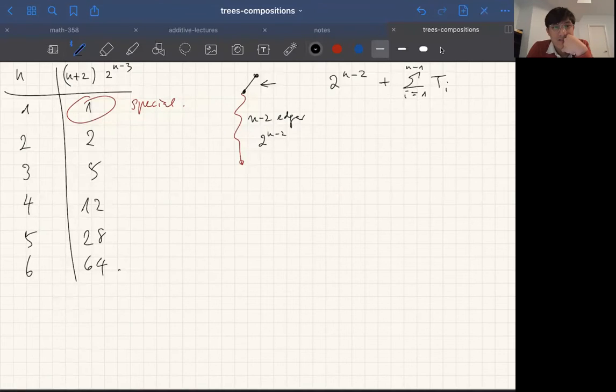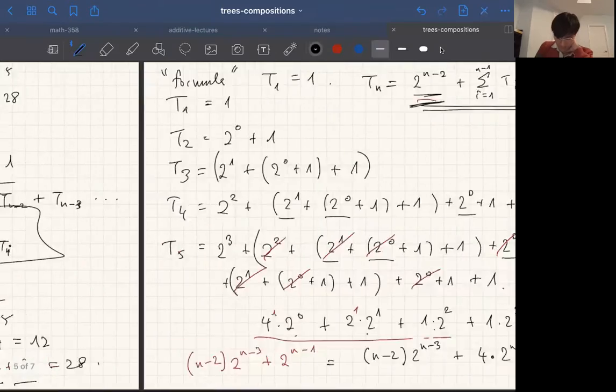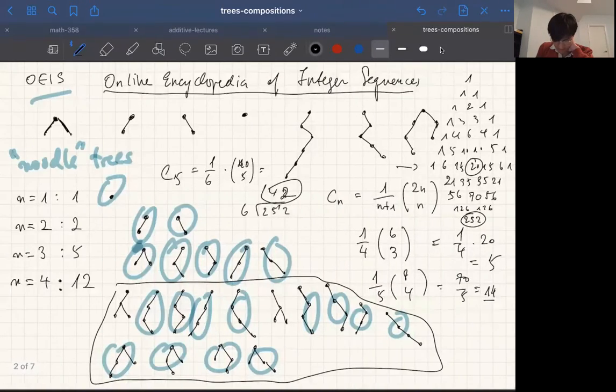Now that's kind of interesting, because how does each earlier tree correspond to exactly one tree of size n?